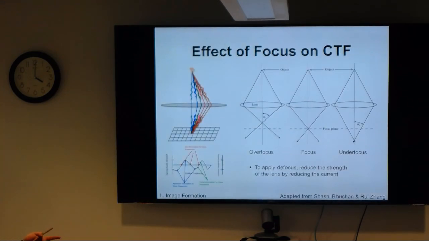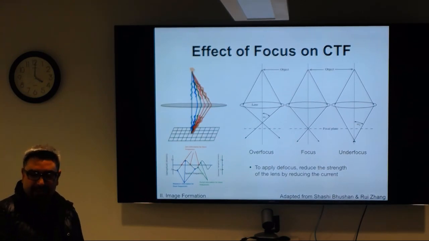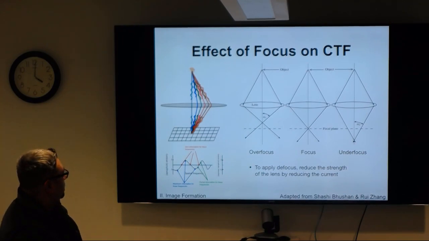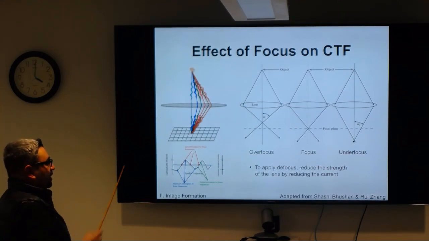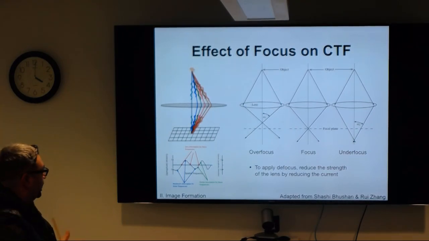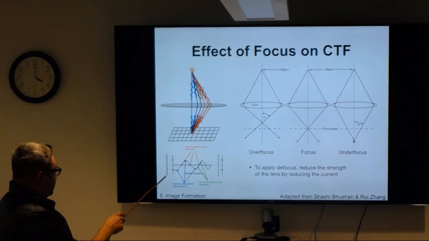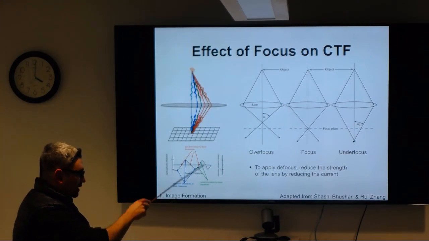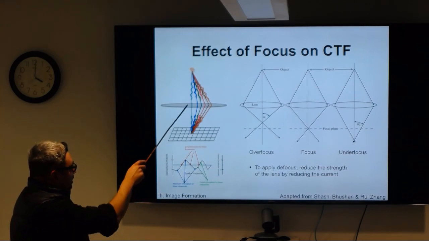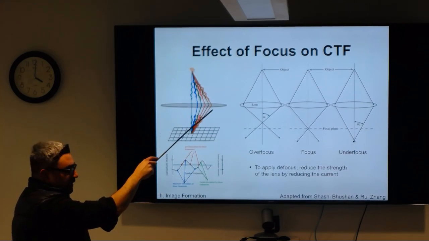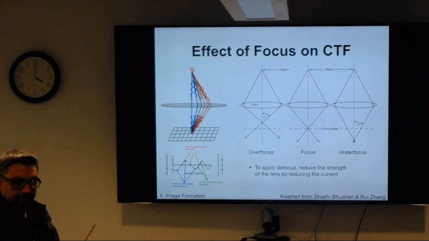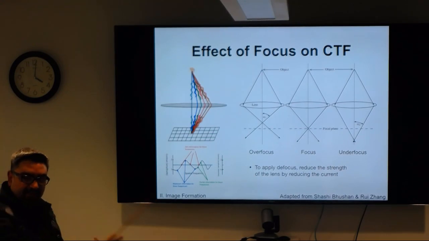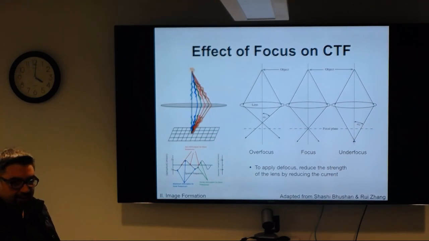What effects does focus have on the contrast transfer function? As I showed you earlier, here's the lens, here's the sample, here is the beam coming in at different angles. Those waves contribute to the contrast transfer function differently based on their path length, as well as their phase shift.